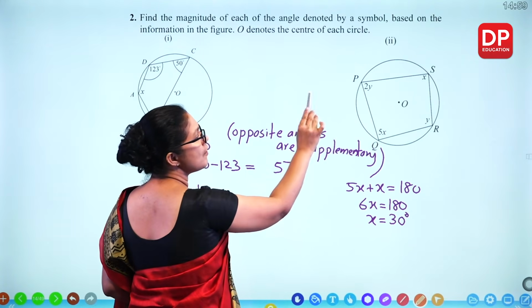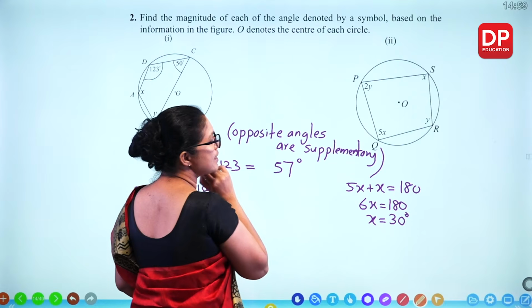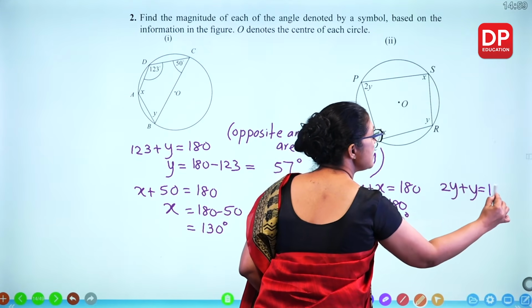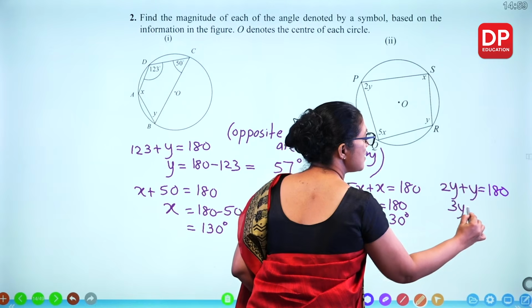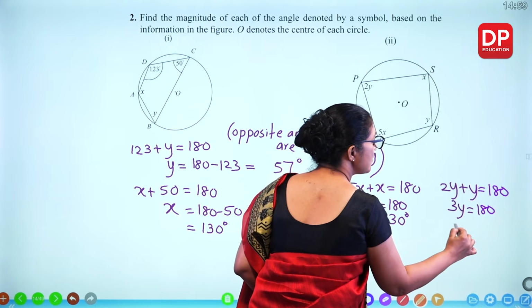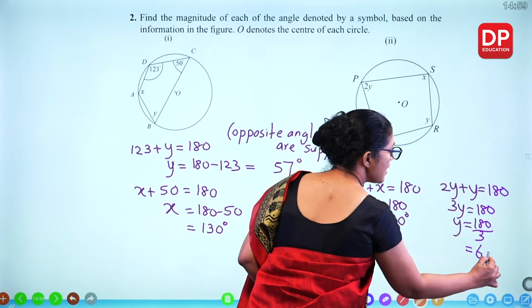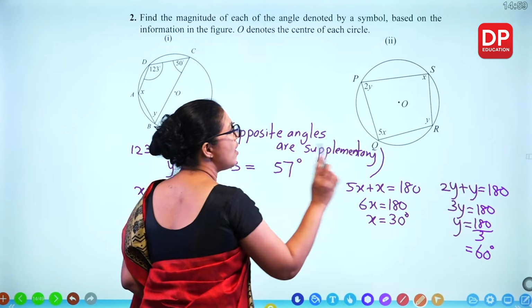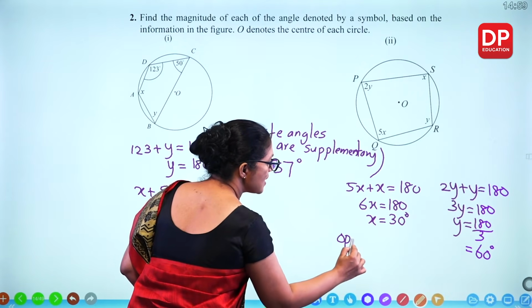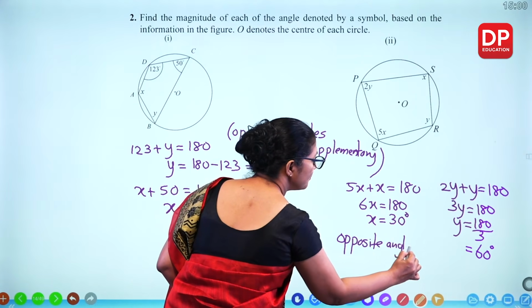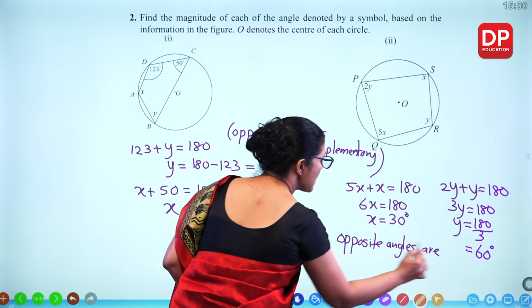Same thing for the other two opposite angles. 2y plus y equals 180, 3y is 180 divided by 3, you get 60 degrees. So all these because of opposite angles are supplementary.